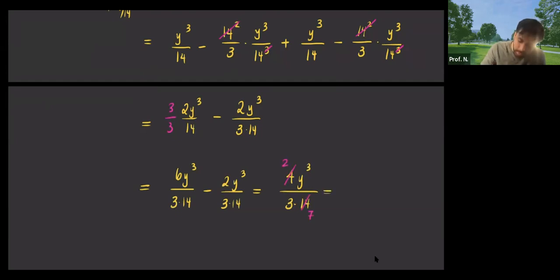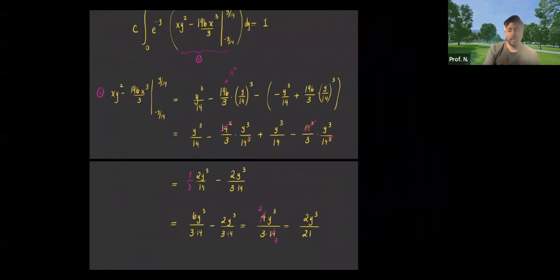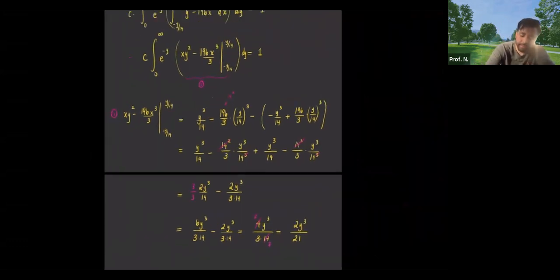And then my final expression here would be 2y cubed over 21. So this just became like a Calc 2 problem, right? With all this integration. But any questions about this first integral that we did?